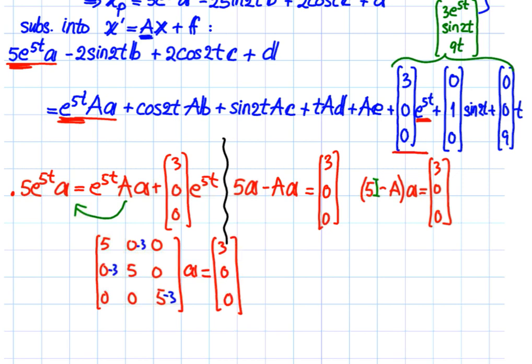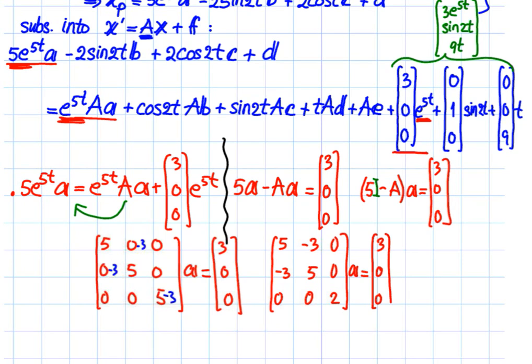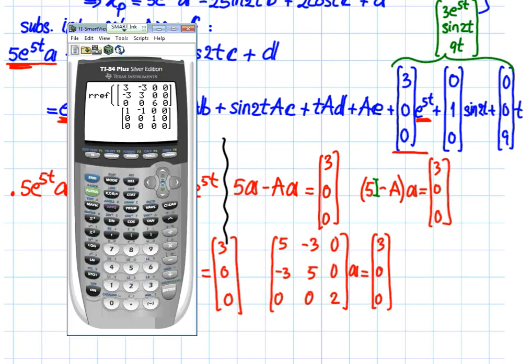So if we put the matrix and then do the reduced row echelon form, do that quickly. 5, negative 3, negative 3, 5, 0, 0, 2, 0, 0, and then a. Just do this for the first prompt.